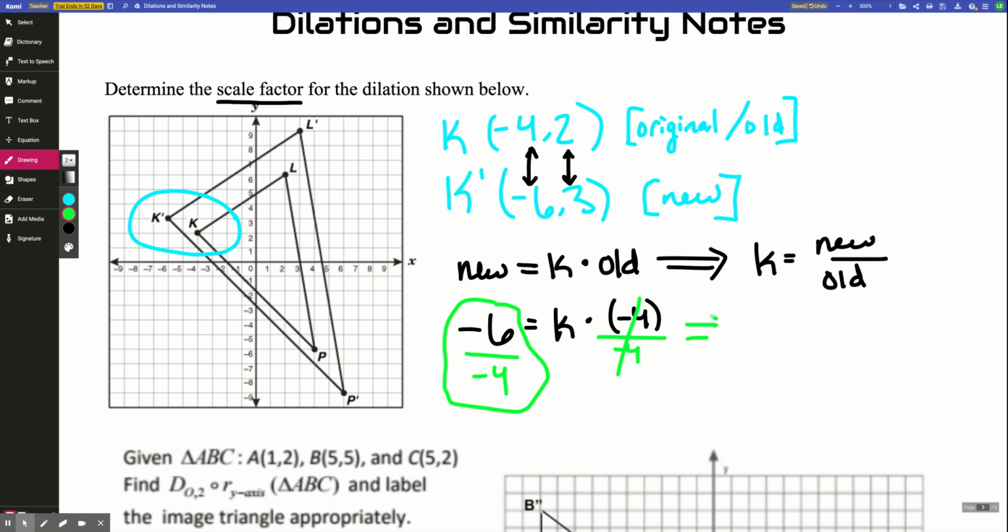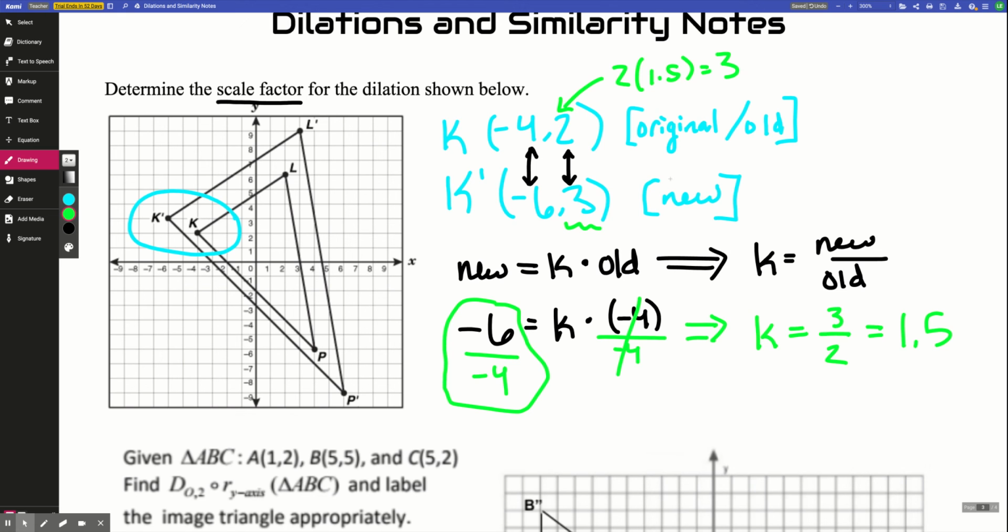So that tells us that k is equal to 3/2, which, as a decimal, is 1.5. So that is my scale factor. And I could check to see if it works with the y coordinates, and it does. If the scale factor is 1.5, 2 times 1.5 is 3, which is exactly what it's supposed to be.